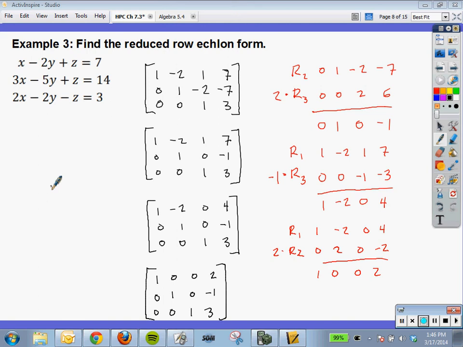Now, you guys, one thing I do want to show you is how to actually find the reduced row echelon form on a calculator. Last Friday, I showed you guys how to use an inverse matrix to find the unknown values of a system of equations, and we had to type in two matrices, right?